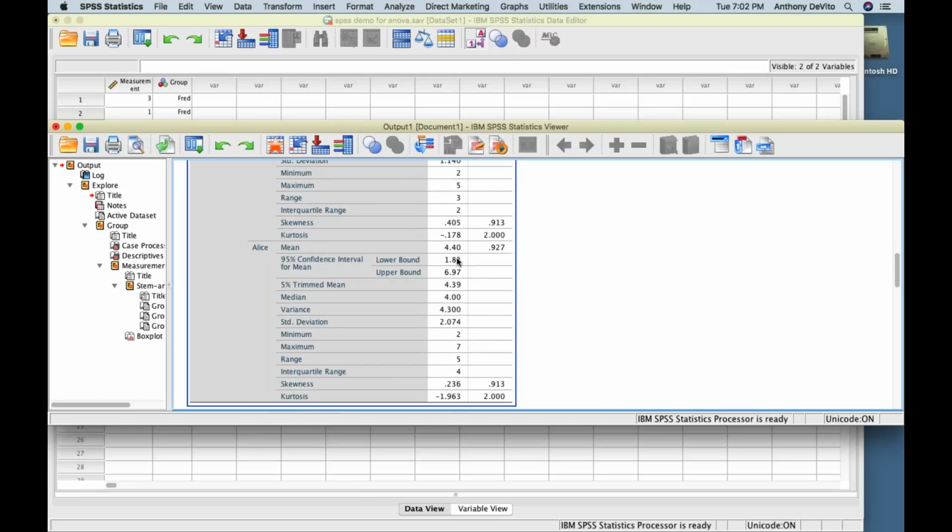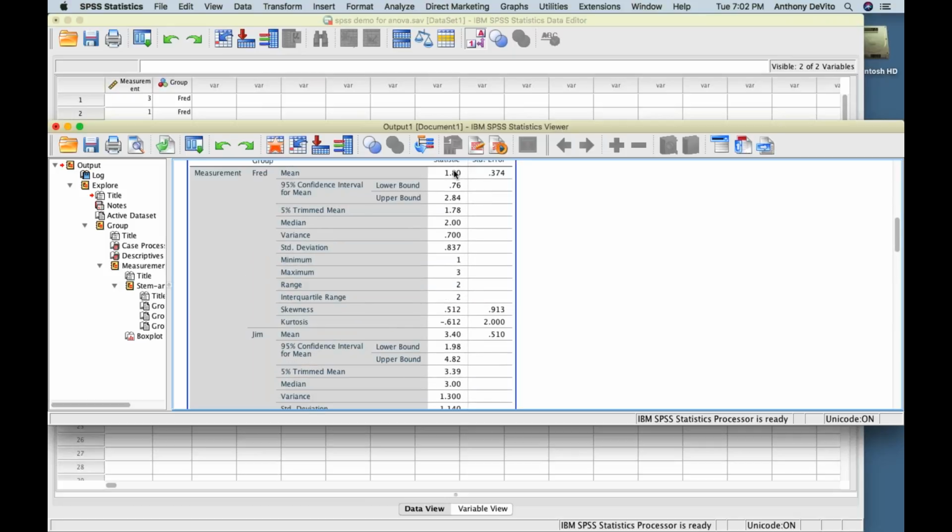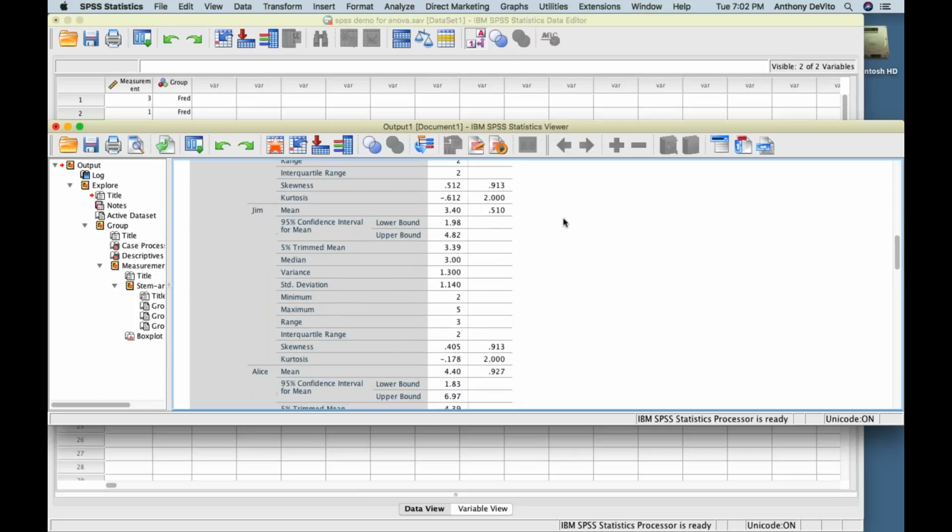And for Alice it is 1.83 to 6.97. Well, look, that looks a bit different than Fred. It looks like it doesn't overlap Fred there. So I'm a little encouraged, because at least for one of them, the confidence intervals don't overlap. So I'm going to go ahead and do my analysis of variance.